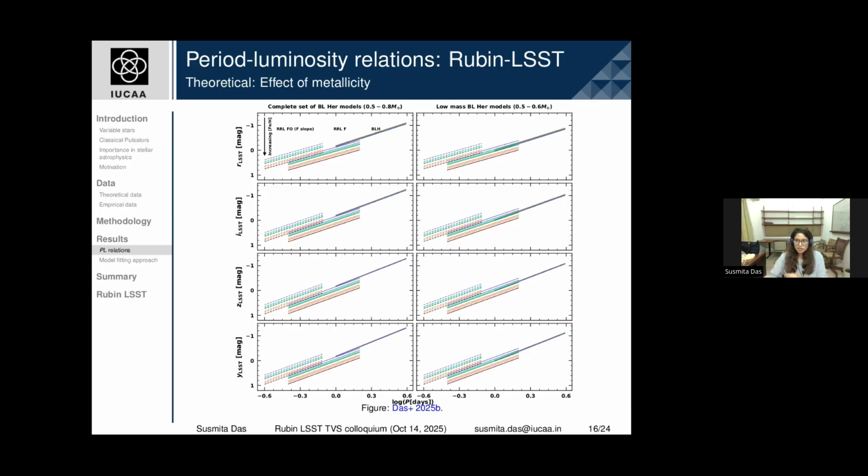The second is that, like we had discussed, BL Her seems to follow the same PL relation, a continuous PL relation with the RR Lyrae stars. This offers us the advantage of using them combined: RR Lyrae, type 2 Cepheids, and the tip of the red giant branch together can form an alternative, the population 2 alternative, to the typically used classical Cepheid distance ladder.